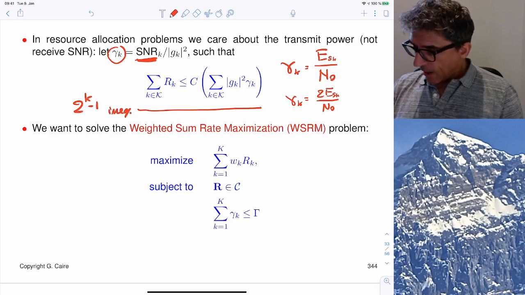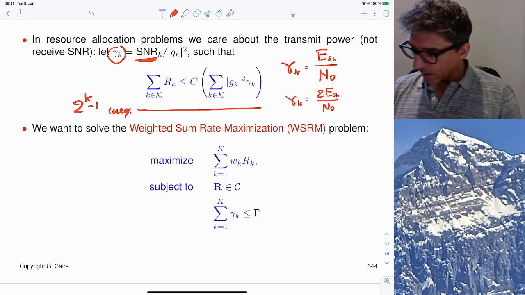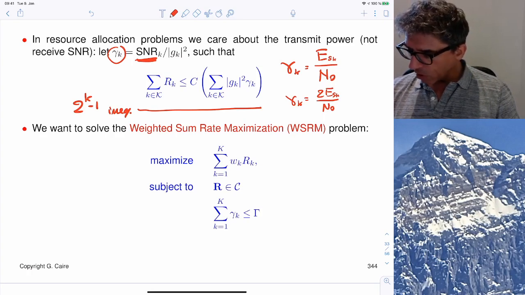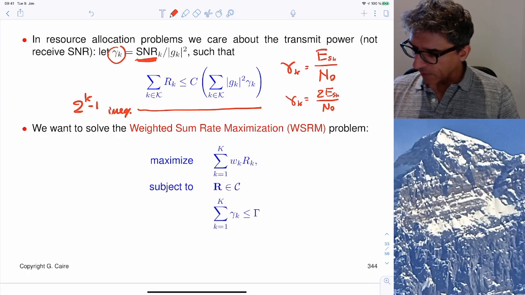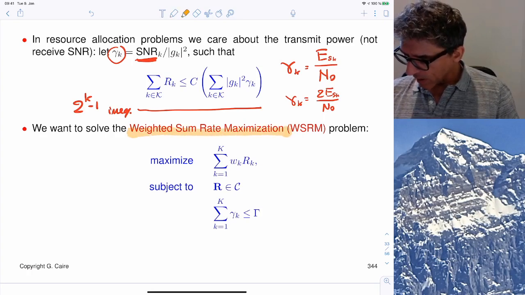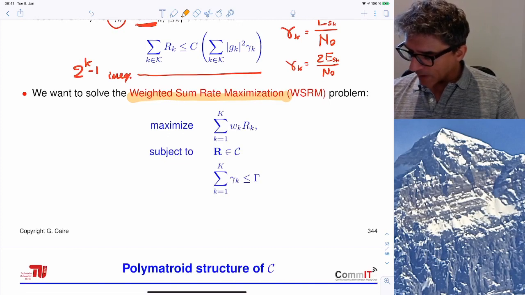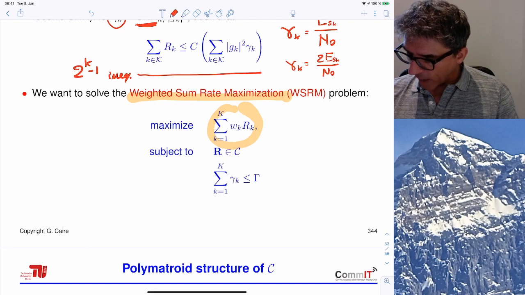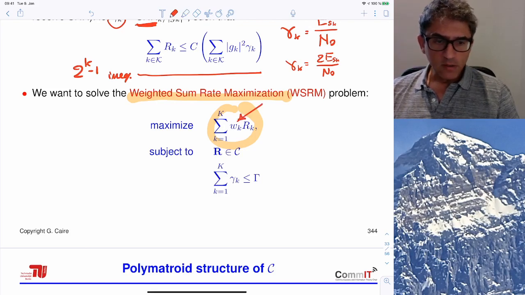Okay? And the typical resource allocation problem consists of the so-called weighted sum rate maximization. Weighted sum rate maximization because our goal is to maximize a weighted sum of rates where these weights reflect some sort of priorities. For example, you may have different users.